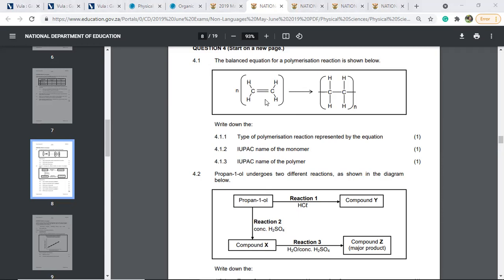So our answer for 4.1.2 is ethene. This is the monomer.